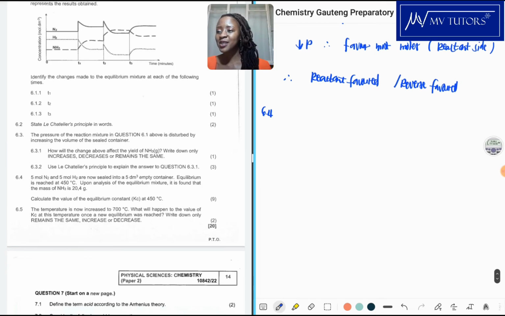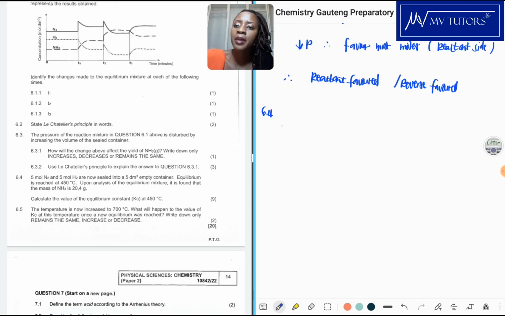Anyway, now 6.4: 5 mole of nitrogen and 5 mole of hydrogen are now sealed in a 5 cubic decimeter empty container. Sealed, so dynamic equilibrium will be occurring. Equilibrium is reached at 450 degrees. Upon analysis of the equilibrium mixture, it is found that the mass of ammonia is 20.4 grams. Calculate the value of the equilibrium constant at 450 degrees.